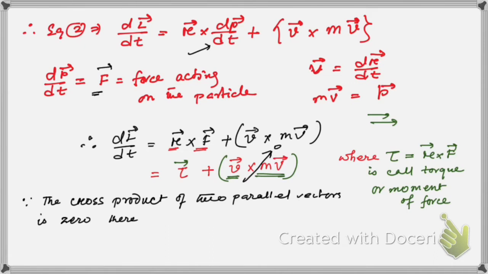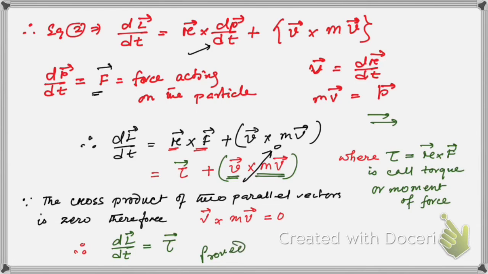Therefore v cross m into v will be equal to 0. Therefore what we have got is the rate of change of angular momentum dL by dt is equal to torque. So that is what we needed to prove.